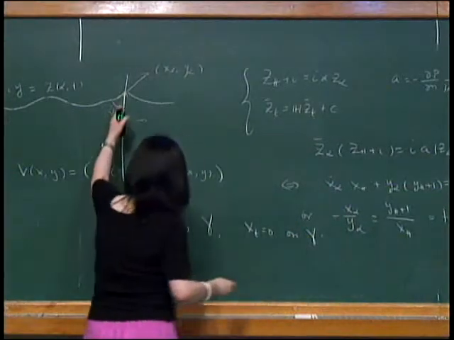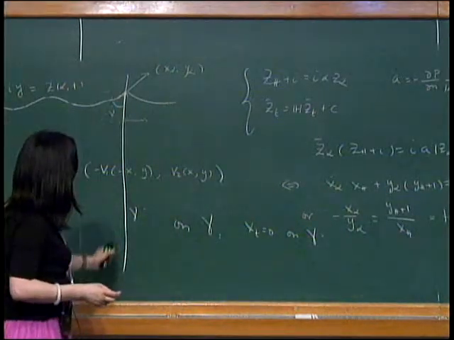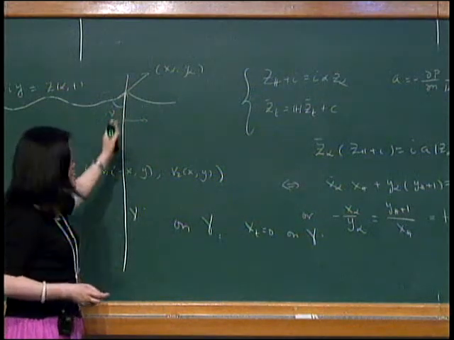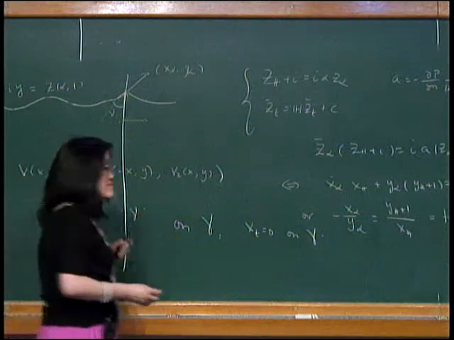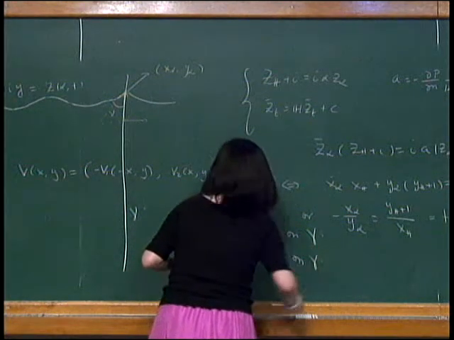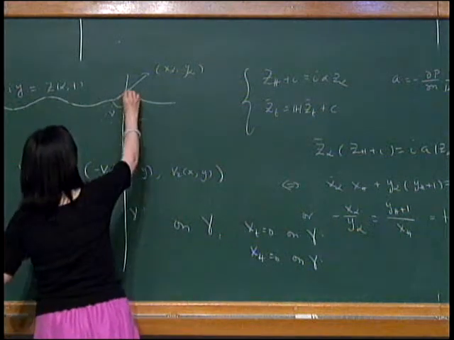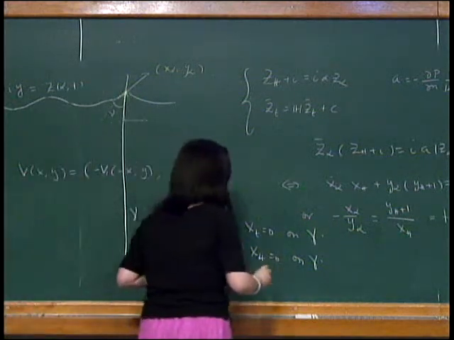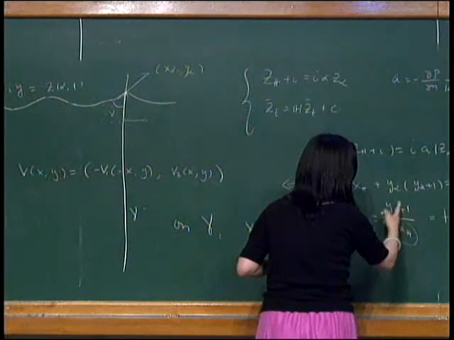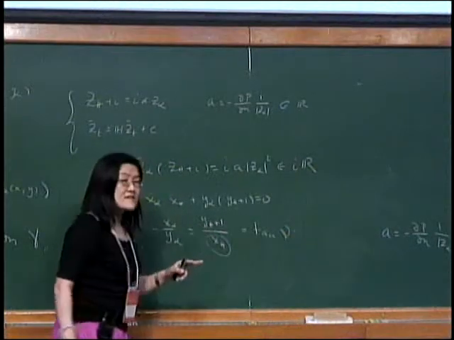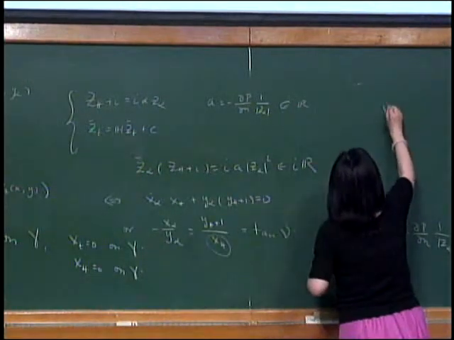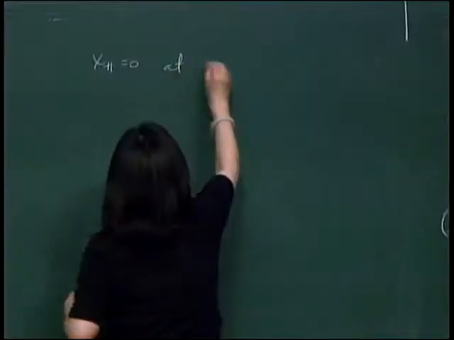The fluid particle just moves up and down like this. If you take one more derivative in t, it's still 0, so xtt is also 0 on gamma. So xtt is 0 at this point. If ytt is not equal to 0, the angle has to be 90 degrees. So xtt equals 0 at the corner.